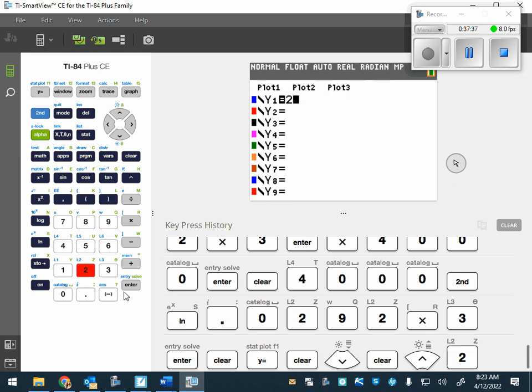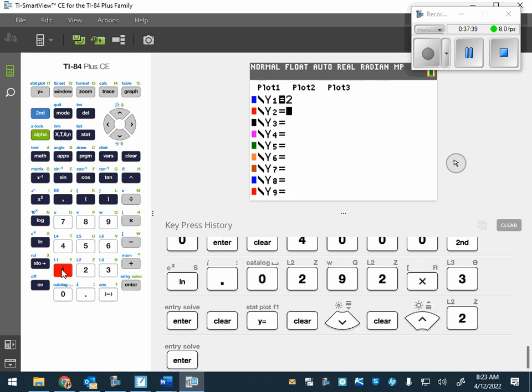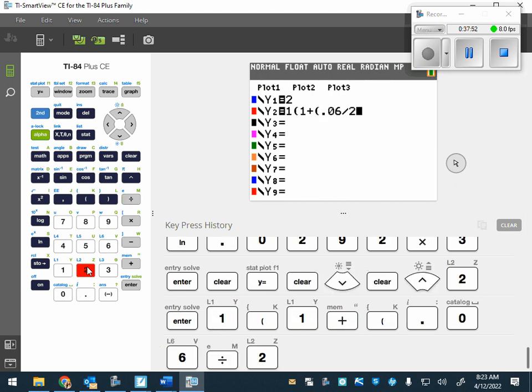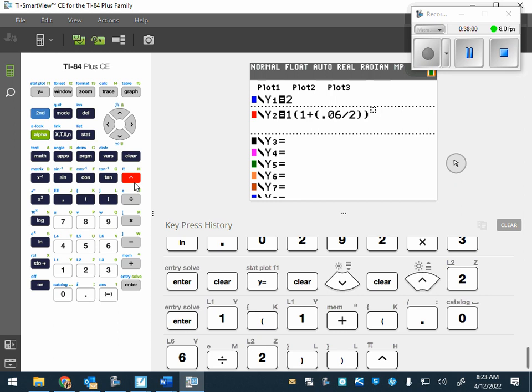Y1, 2, Y2. You don't need to include that first one, but I'm going to just for formula purposes. 1 plus parentheses 0.06 divided by 2. Close that parenthesis for that fraction. Close it again. And then raise it, so the caret's below the clear key, to x.